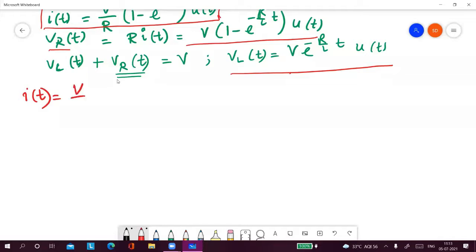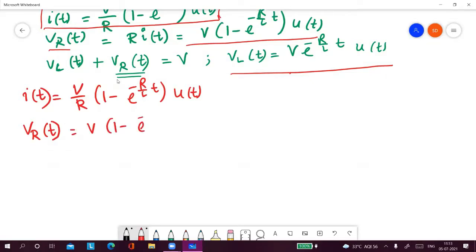The current is V by R times (1 minus e to the power minus R by L t). VR(t) we know, which is V into (1 minus e to the power minus R by L t), and VL(t) is equal to V e to the power minus R by L t.